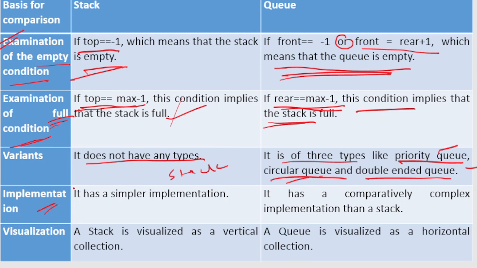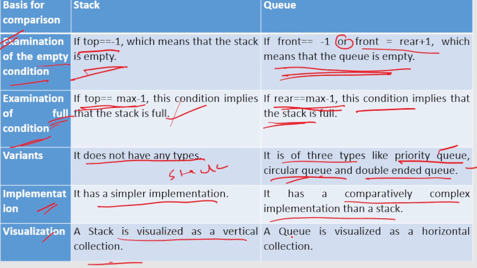Implementation: the stack has a simpler implementation, while the queue is comparatively more complex. If we talk about visualization, the stack is visualized as a vertical collection, while the queue is visualized as a horizontal collection. We already talked about this.